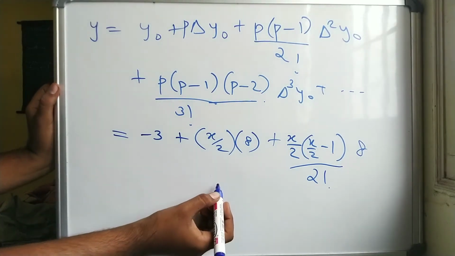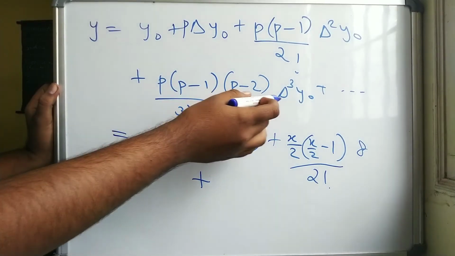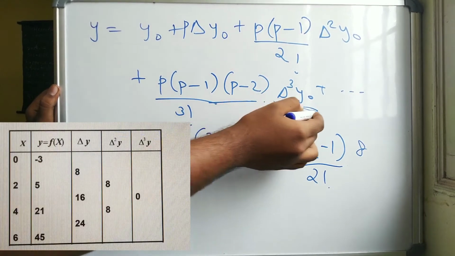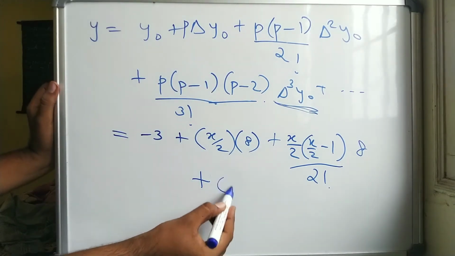Now plus p into p minus 1 into delta cube y0. Since the delta cube y0 value is 0, there is no need to substitute. It is a multiplication, so it will be 0.